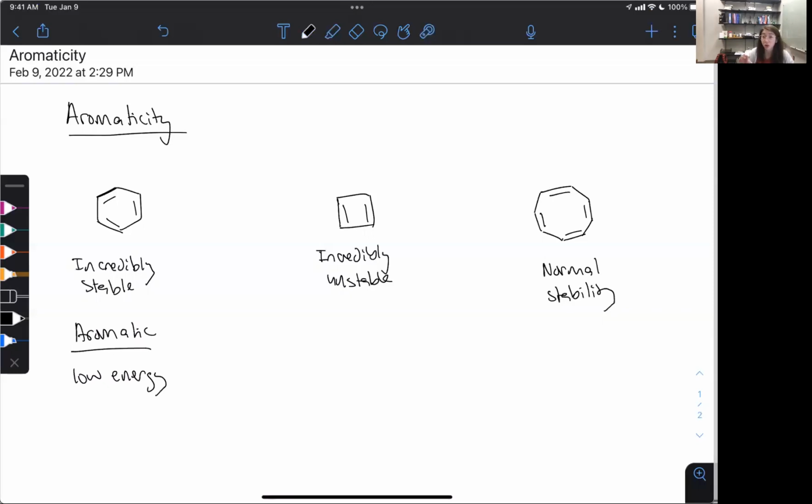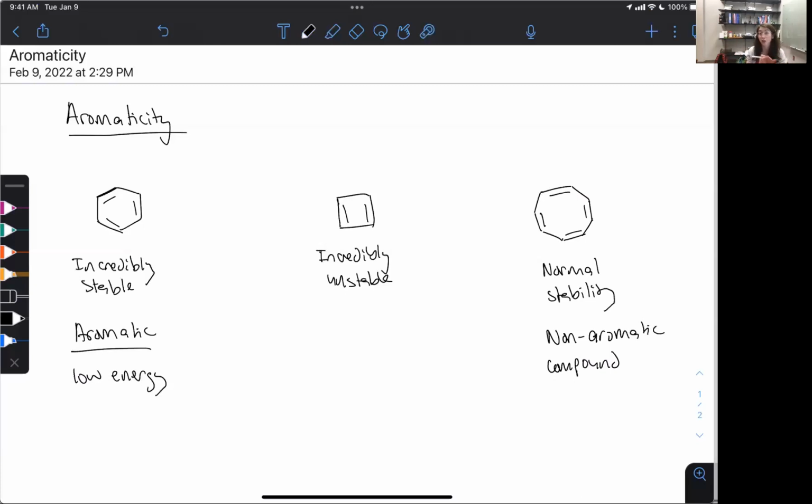Versus if we go to the cyclooctatetraene on the right, because it's kind of normal stability, this is actually a non-aromatic compound. Okay, so we'll call those non-aromatic.